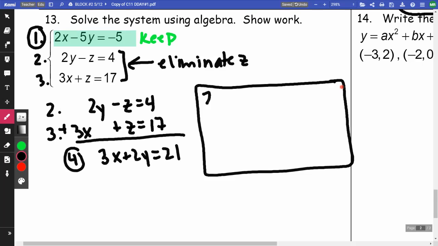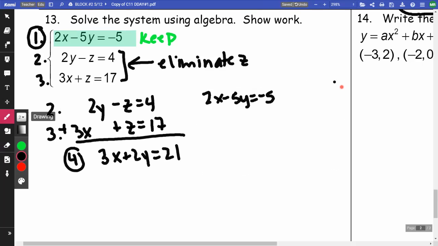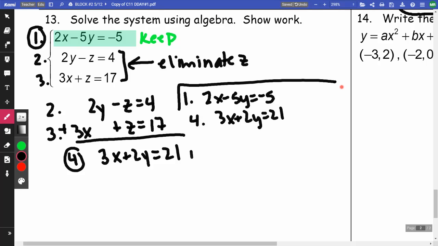I'm going to take 2x minus 5y equals -5, which was equation 1, and equation 4, which is 3x plus 2y equals 21.